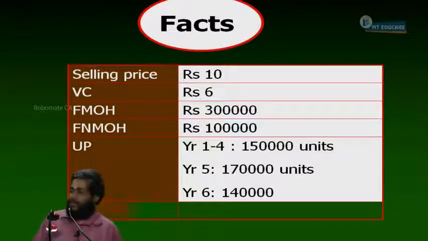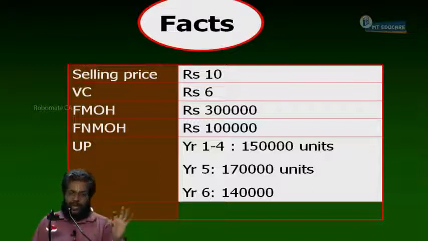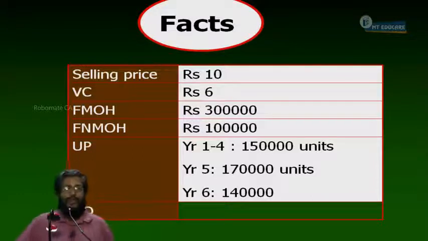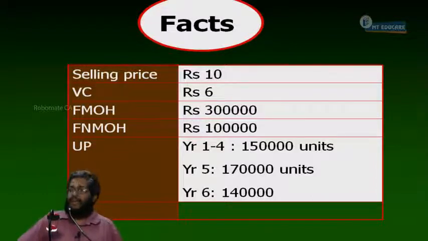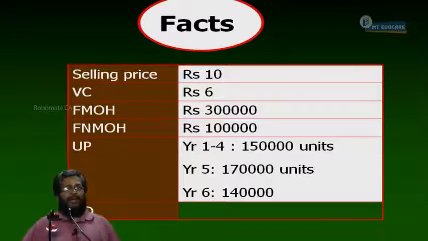Now, UD means denominator units. For calculating absorption we use normal capacity. Write down UD in brackets: denominator level units or normal capacity.